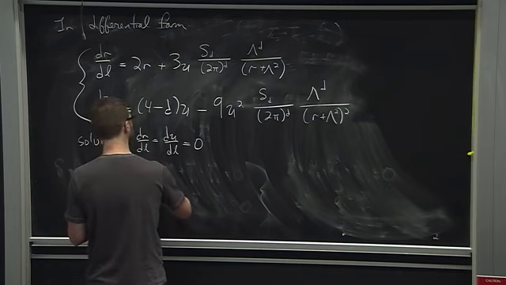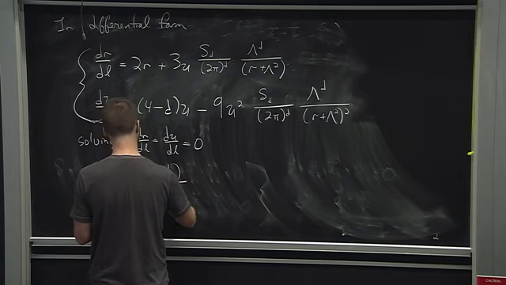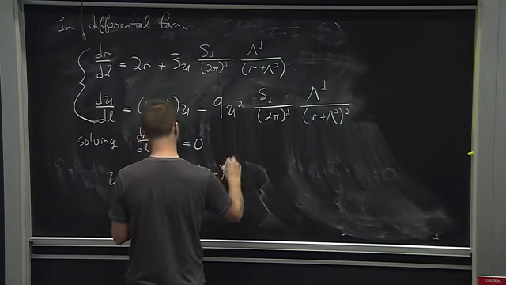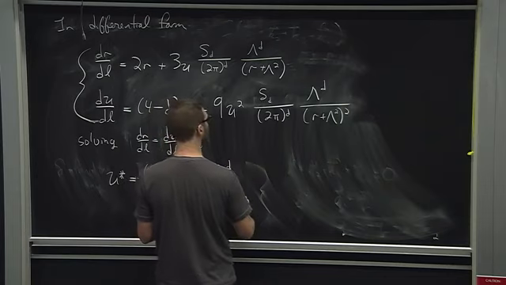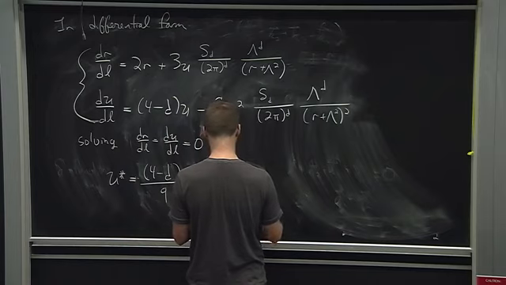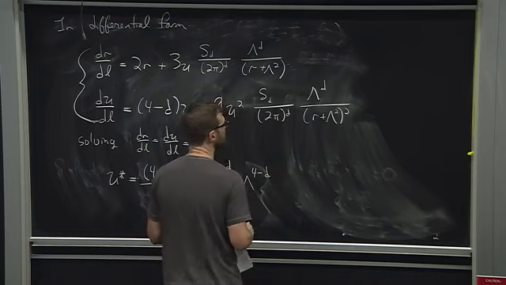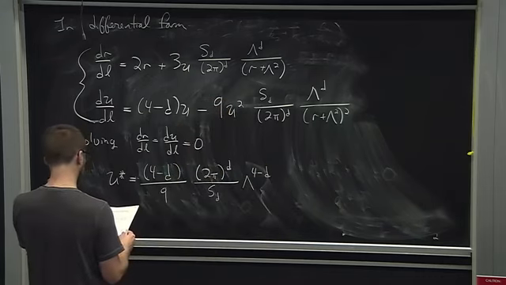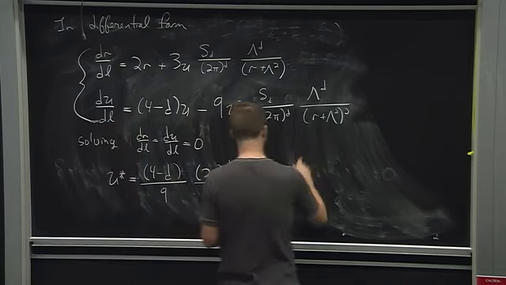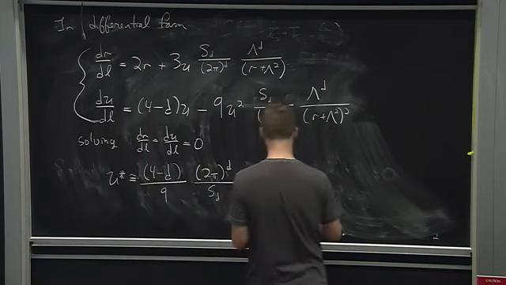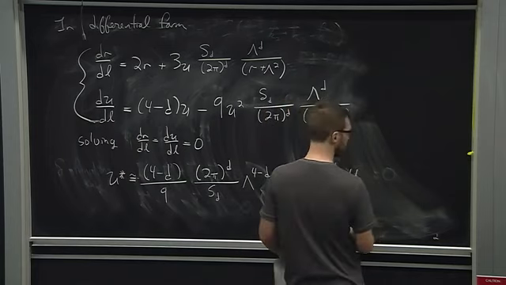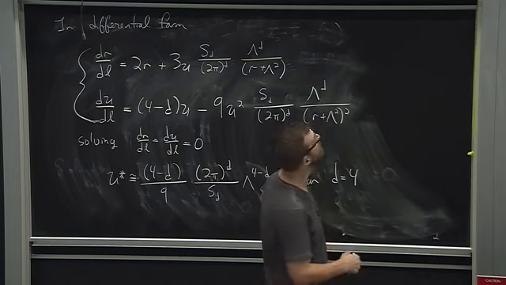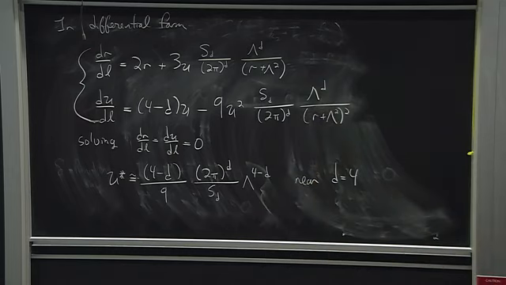Yep, so it's going to be 4 minus. Let me just do this approximately. Yeah, near d equals 4. So I can write this in terms of epsilon, which is going to be our expansion parameter.